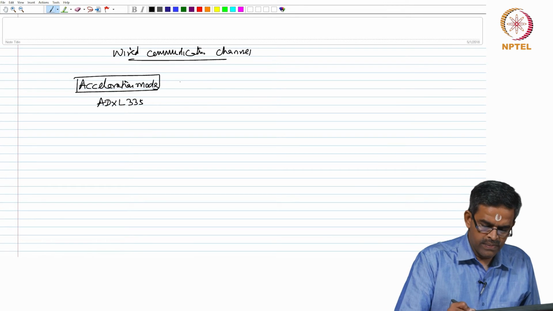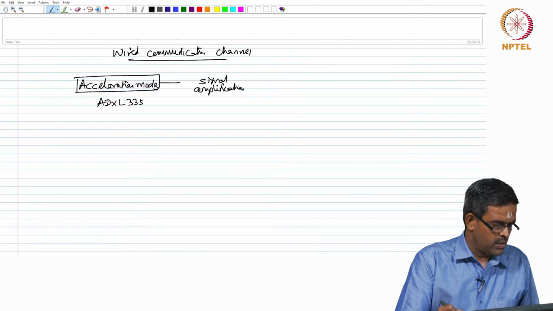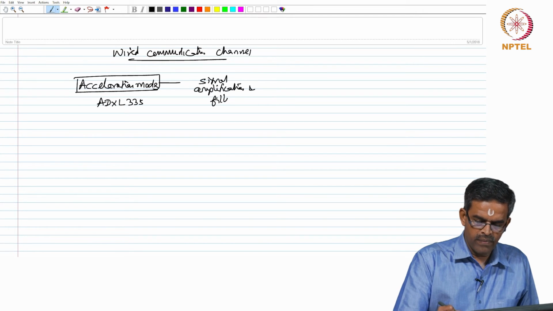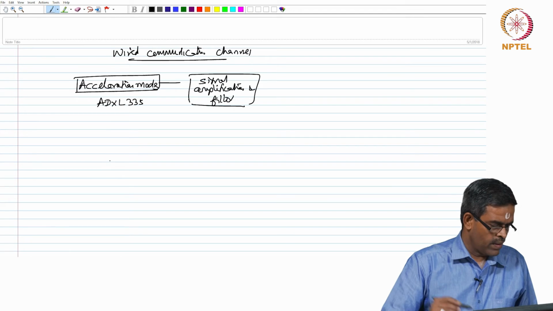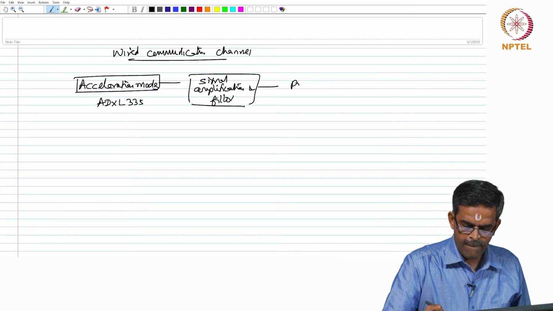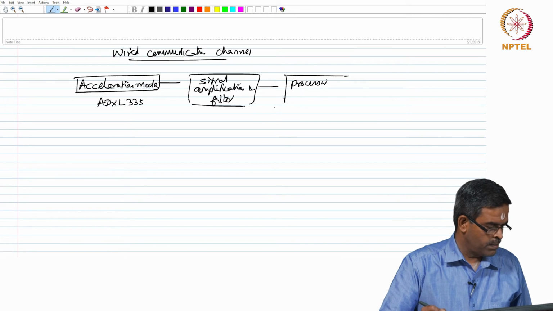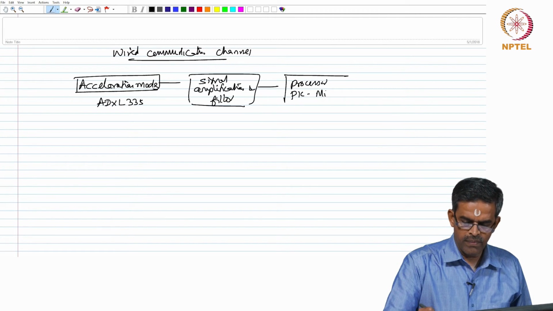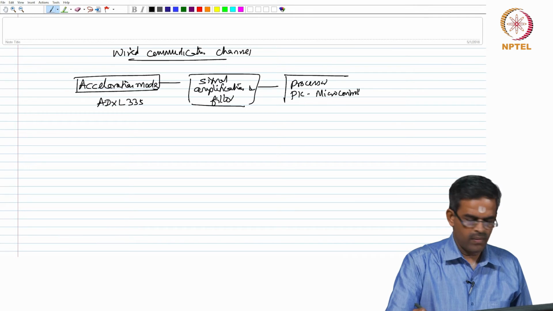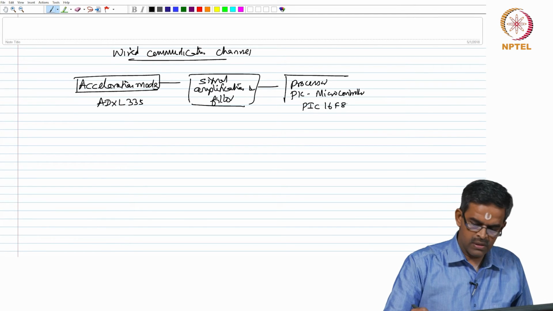It has a signal amplification and filter unit, which then takes it to the processor, which is essentially a PIC microcontroller; in this case we are using PIC 16F877A.